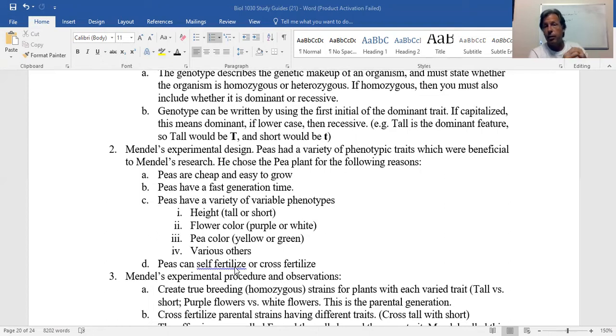Now, what else he finds out when he does that is that each plant passes on only one or the other of the variants that it might have, one or the other alleles, meaning that if I have a tall plant carrying the short allele, when it produces its gametes, and we talked about this, the gamete is only carrying one version.